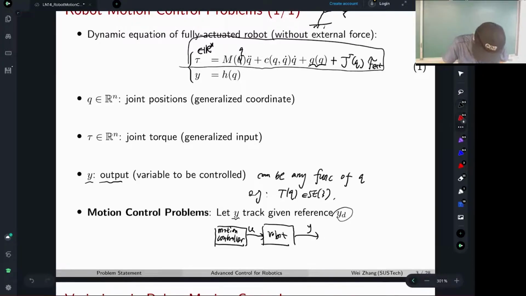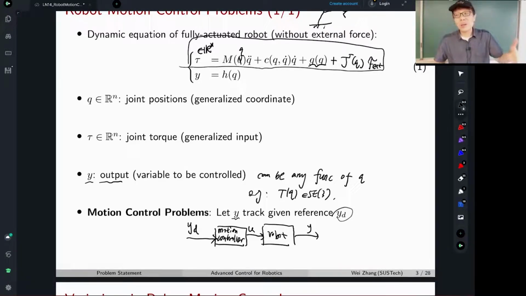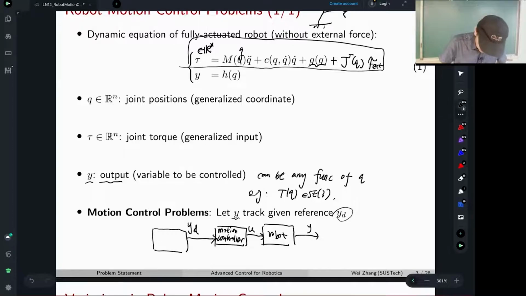And for the input of the motion controller, there can be variations, of course. This is not the unique way to think about this. This is Y D, the desired motion that we want to achieve. The motion controller tells you what kind of control input to apply to the robot to achieve that. And how to define this Y D is typically called motion planning.